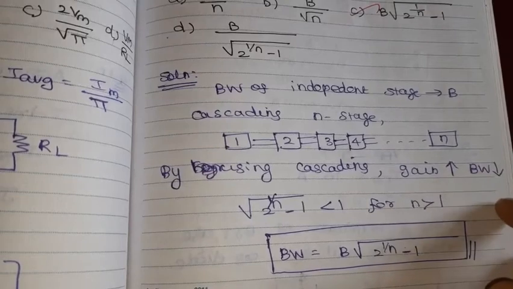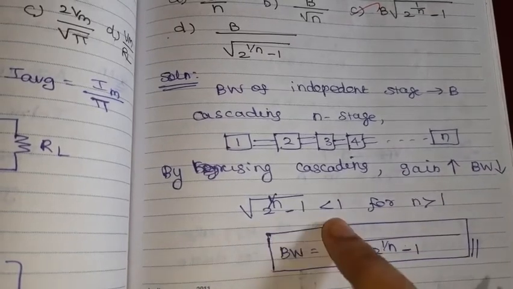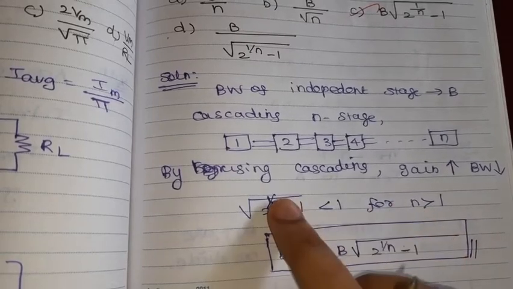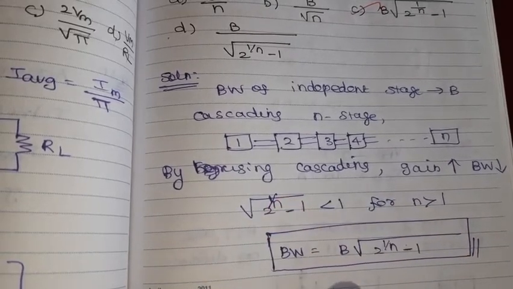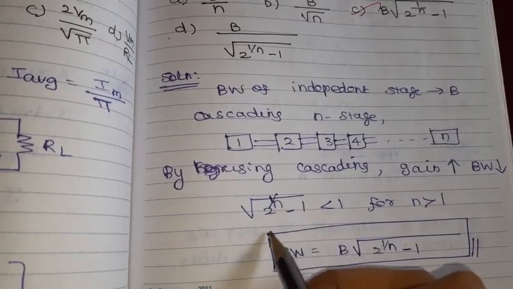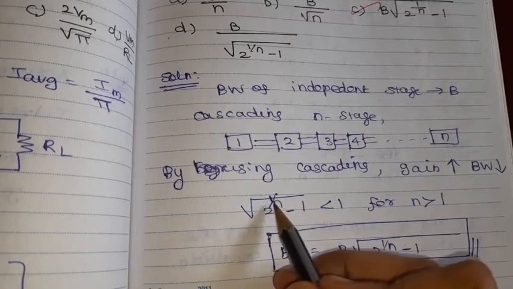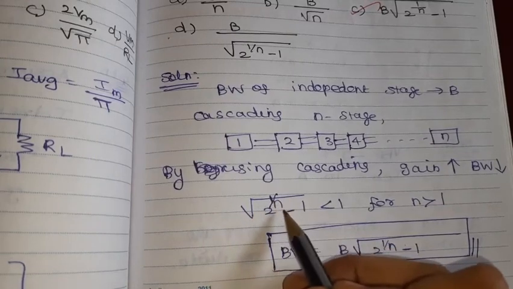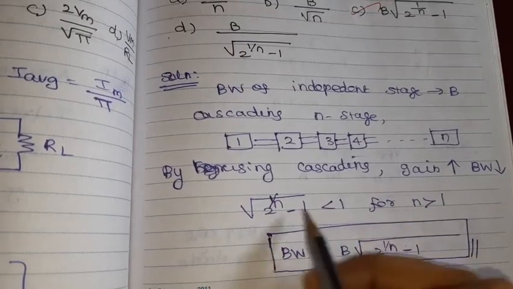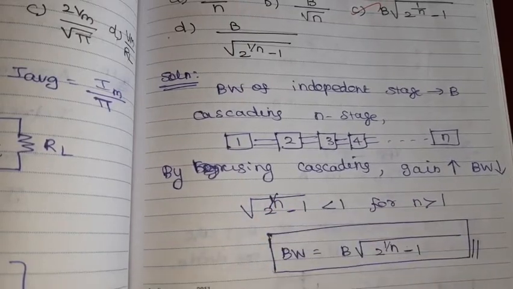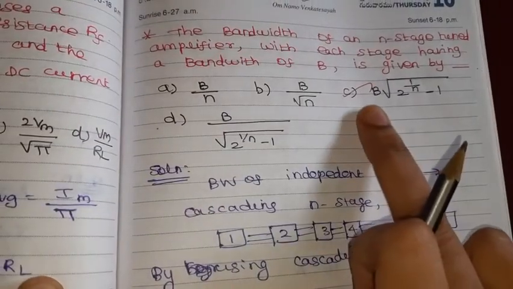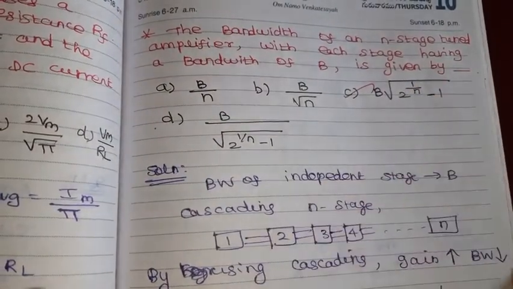So automatically bandwidth is reduced, since the factor is less than 1 for n greater than 1. For n equal to 1, 2 power 1 minus 1 is equal to 1. If n is equal to 2, it is 2 power 1 by 2. If n is greater than 1, this square root value will be less than 1. So bandwidth is B into square root of 2 power 1 by n minus 1.